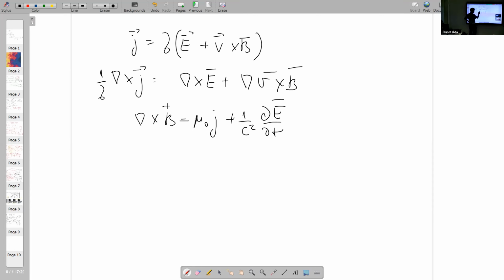Does it sound familiar to you? This is a Maxwell equation, you can also say Ampere circulation theorem in differential form, what I wrote.